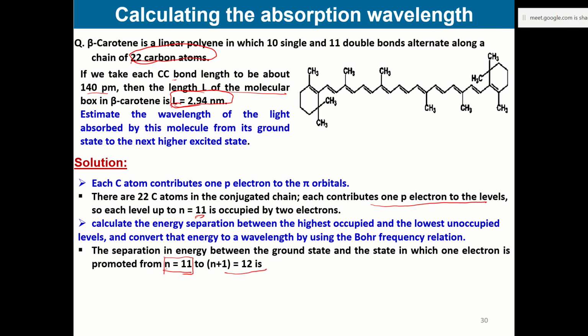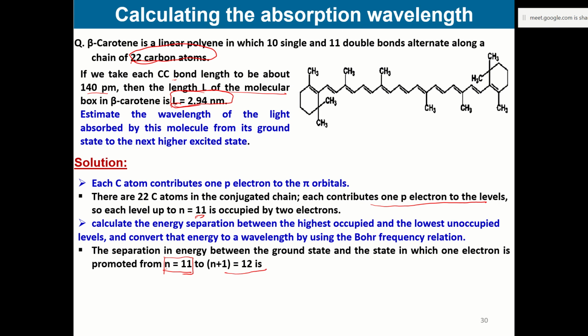So if you have 22 atoms with 22 orbitals combining, you will get 22 molecular orbitals. Half of them will be bonding, half of them anti-bonding. So when you start filling the electrons, you have 22 electrons to fill up. So the first 11 orbitals are filled with 2 electrons each.